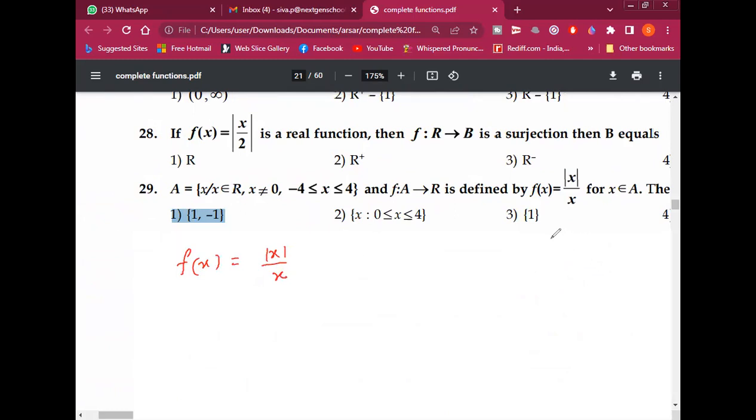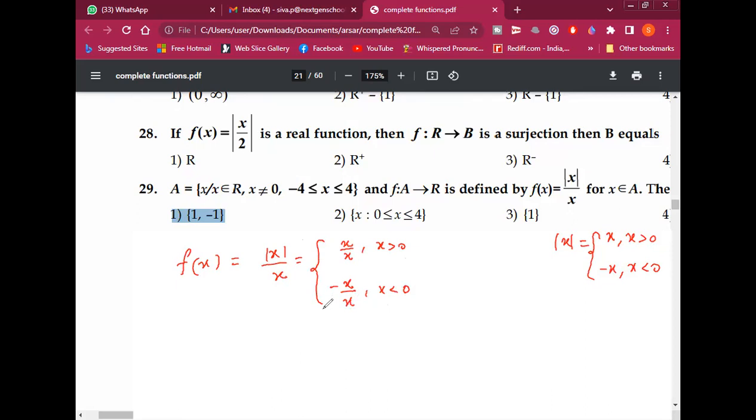The modulus function was defined as mod x is equal to plus x whenever x is positive, and mod x is minus x whenever x is negative. Understood? This is the definition for mod x. Here also we are using the same kind of definition. Write down mod x by x as x by x if x is positive, and minus x by x if x is negative.